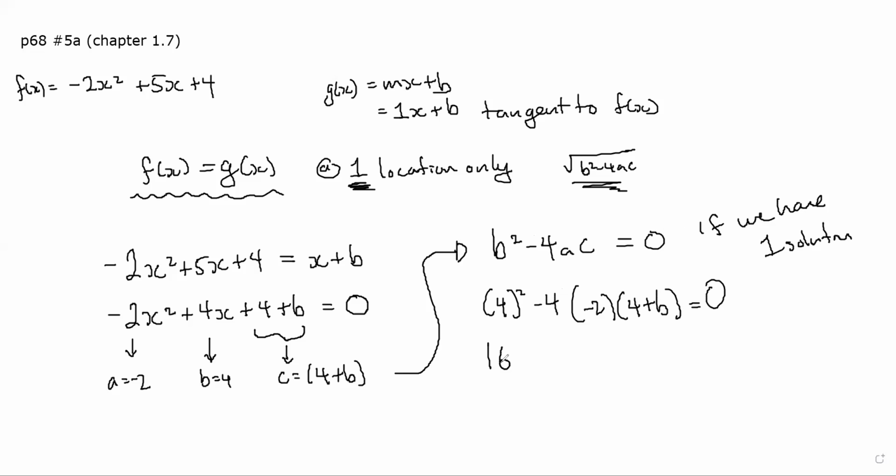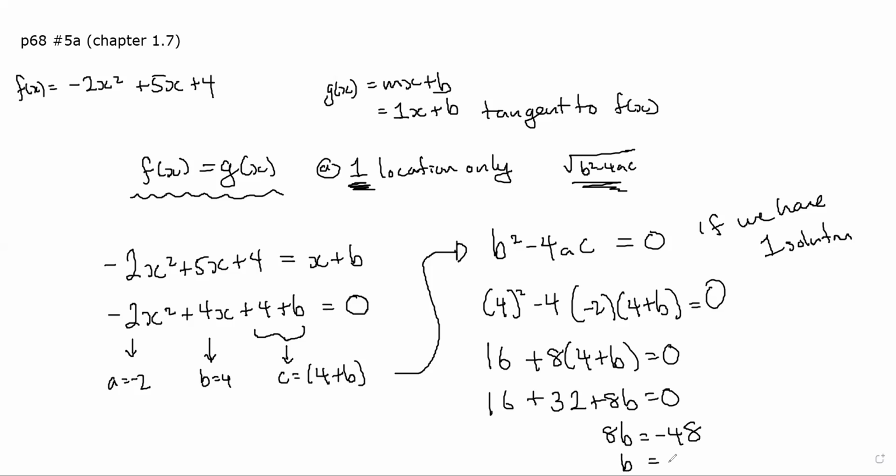That means 16 plus 8 times 4 plus b has to be 0, which means 16 plus 32 plus 8b has to be 0. 8b has to be negative 48, and b, therefore, must be negative 6.